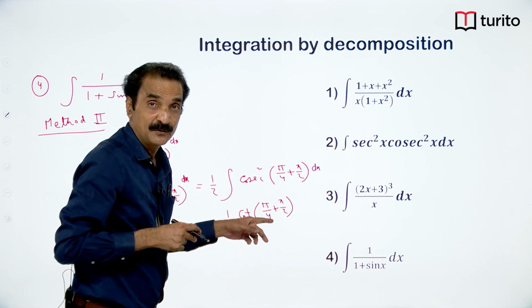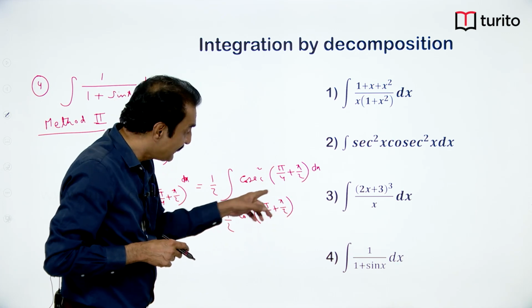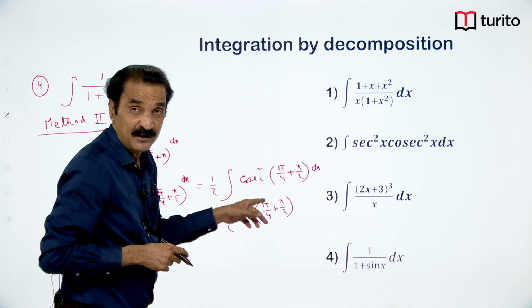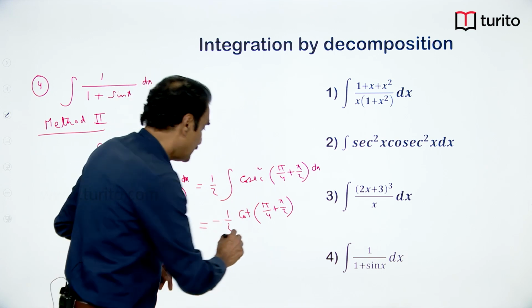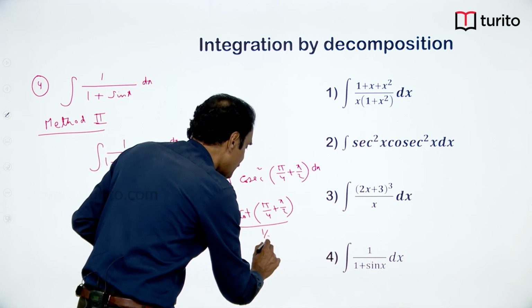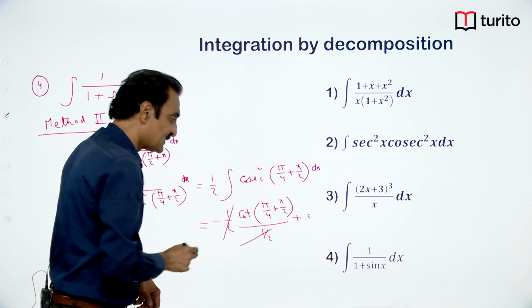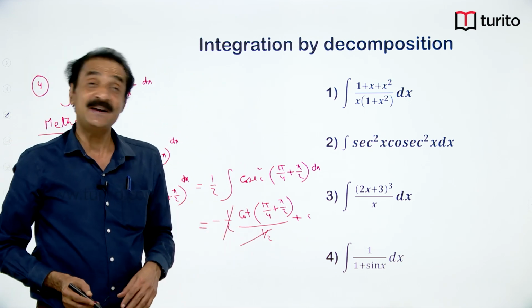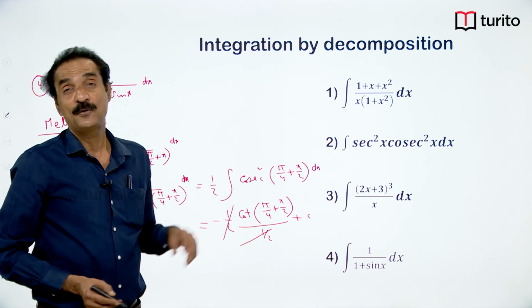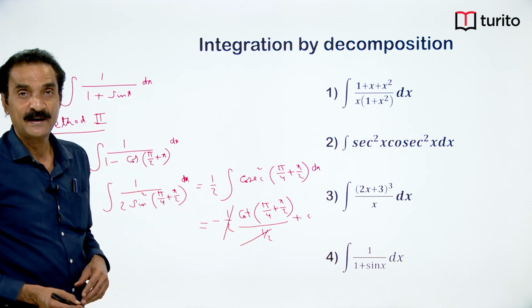Then what should we do? We should divide by inner derivative. What is the inner derivative? Derivative of this is 1 by 2. So, divided by 1 by 2 plus c. This 1 by 2 cancels. So, answer is minus cot of pi by 4 plus x by 2. Okay.